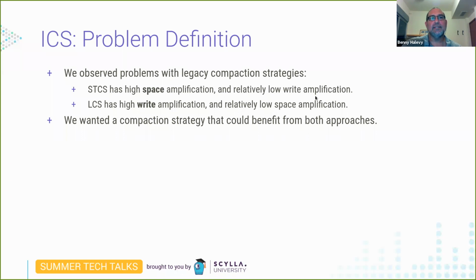So STCS has high space amplification, as we saw, and at the same time, it has relatively low write amplification. In contrast, LCS has high write amplification and relatively low space amplification. So we wanted a compaction strategy that would basically benefit from both approaches.